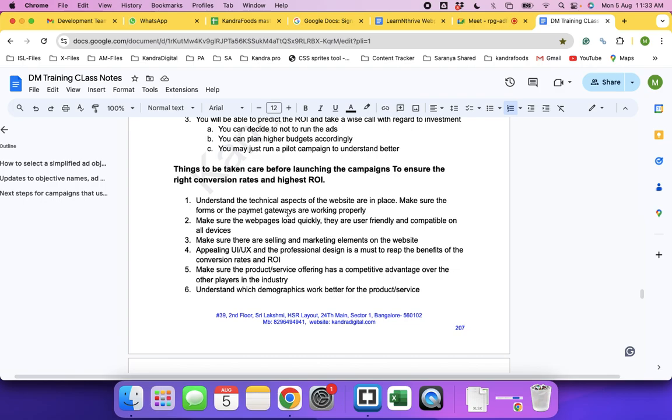You are promoting through pull marketing, you don't have to. So there could be hundreds of bald people, but they're least bothered. There's no point in showing a Facebook ad or a display ad everywhere in those regions. Grow your hair, get your hair corrected. So you have to show it to people who are very much bothered. Correct? So understand which demographics work better for the product or service.